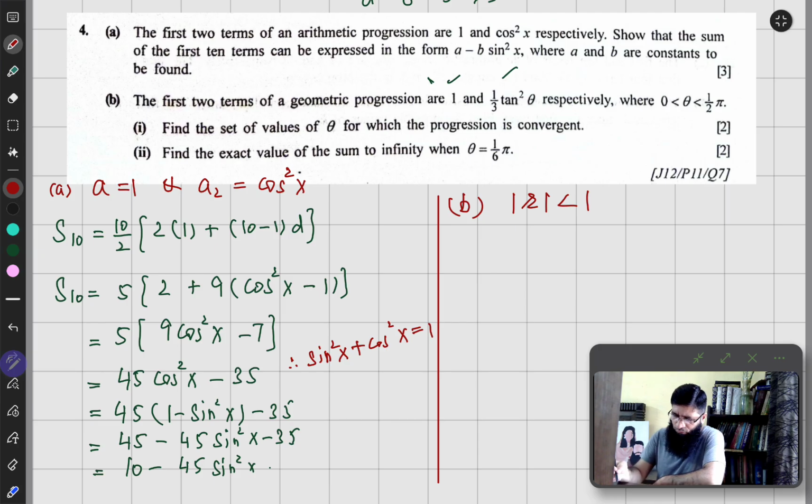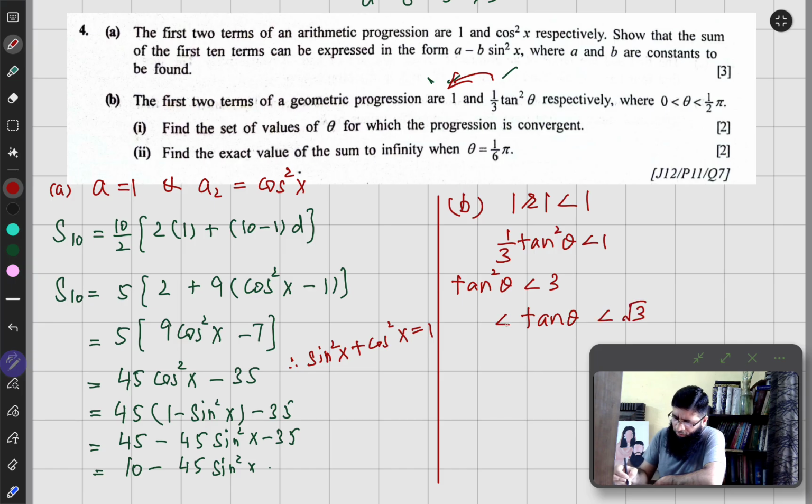So if you find r, that will be the second term divided by the first term. So that will be 1 over 3 tan square theta, and this must be less than 1. So tan square theta will be less than 3. Or you can also have tan theta between square root of 3 and negative square root of 3.